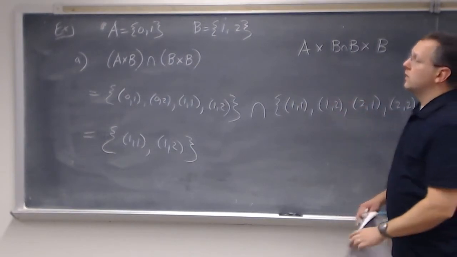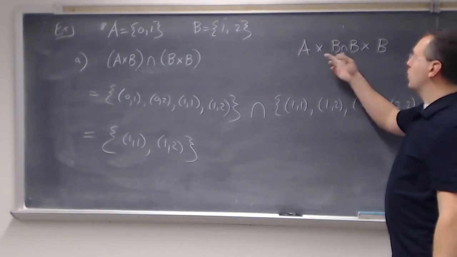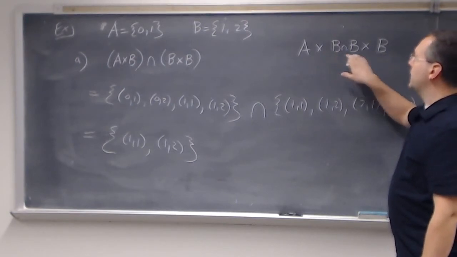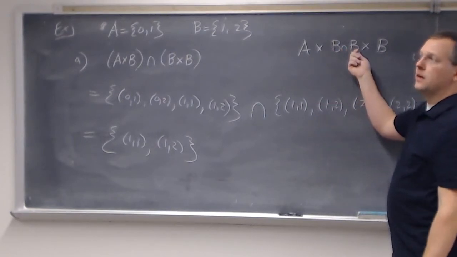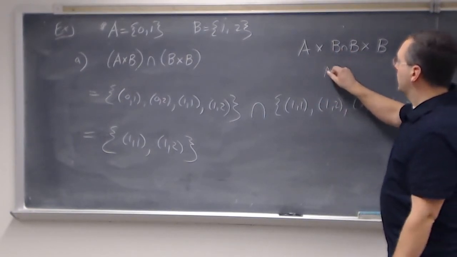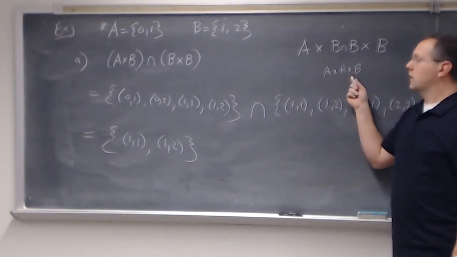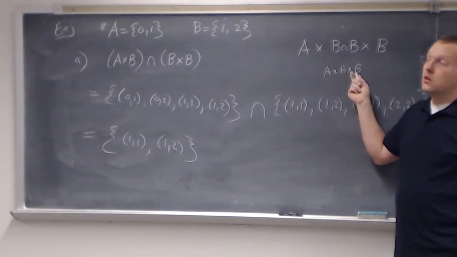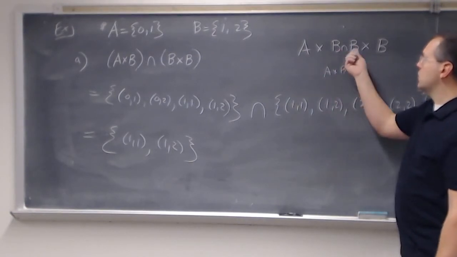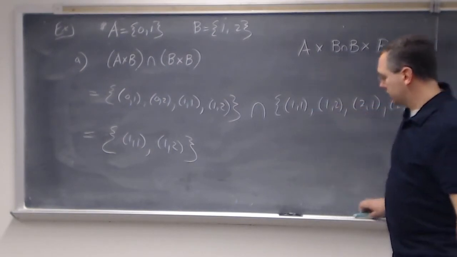To be precise, it might look like a set of ordered triples, but again, B intersect B is just B. The elements that are in B and in B are just B. So this would look like A cross B cross B. In the previous section, they wanted you to think of this as ordered triples, but it would look confusing when you have B cross B. I guess they could make that an example, but this doesn't happen.